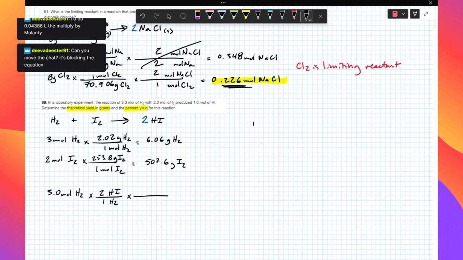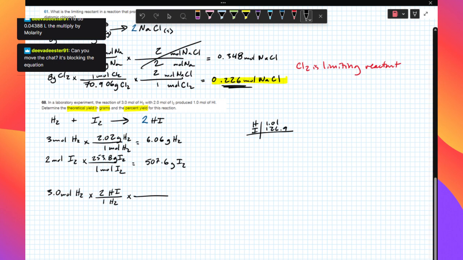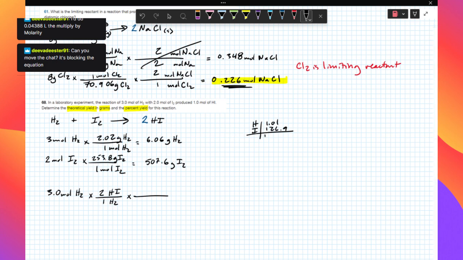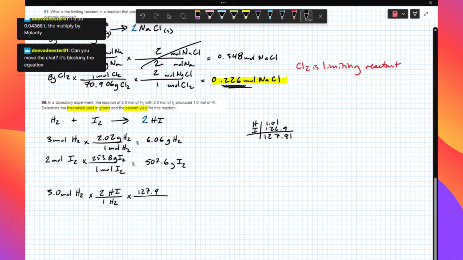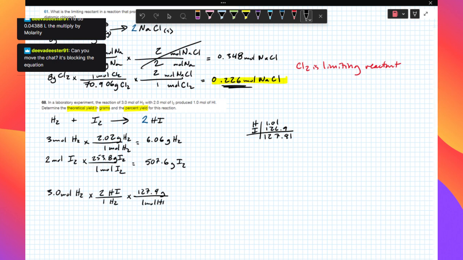Then we need to know our molecular mass of hydrogen iodide, which is 126.9 plus 1.01, gives us 127.91. Okay, 127.9 grams per mole of hydrogen iodide. I hope this is making sense.